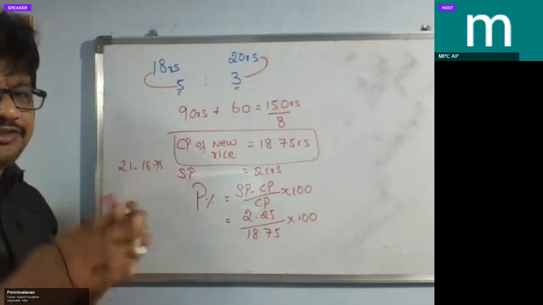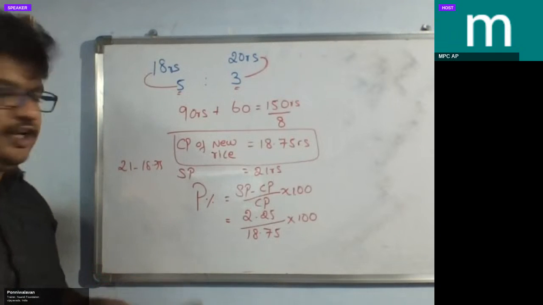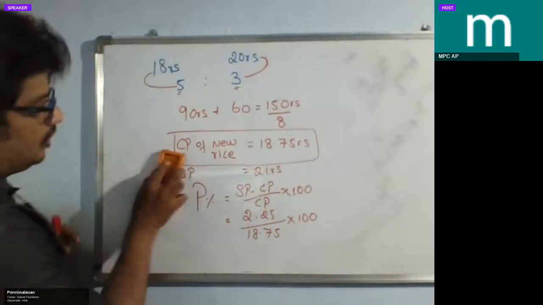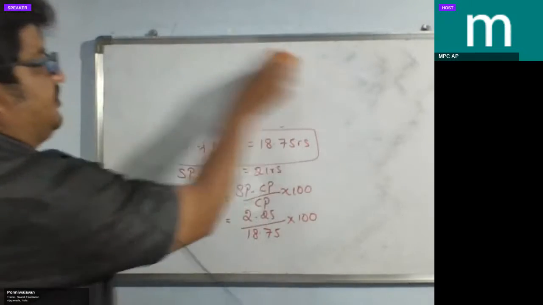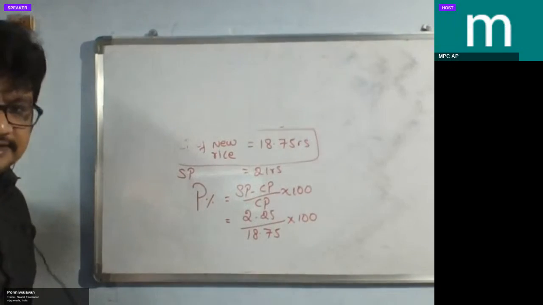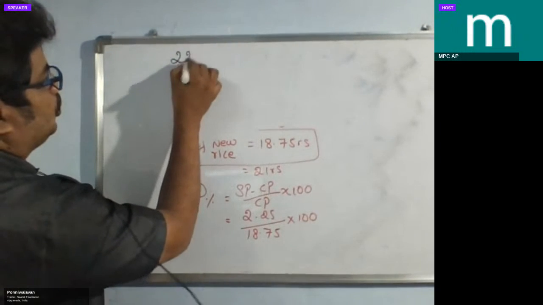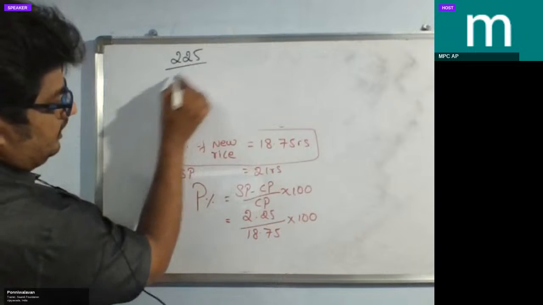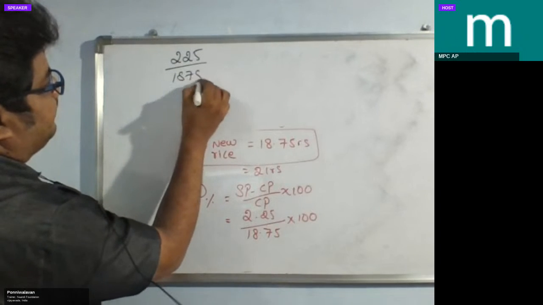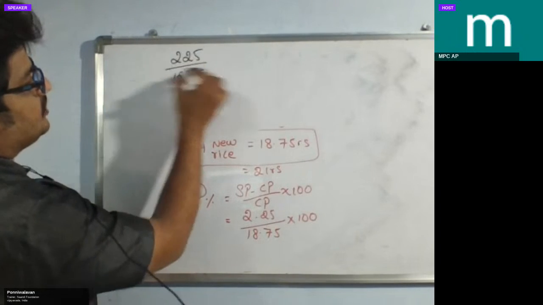If you are able to divide fast, no problem. Otherwise, go by multiplication and division by 5. Listen. 225 divided by 1875. We can divide this by 25.